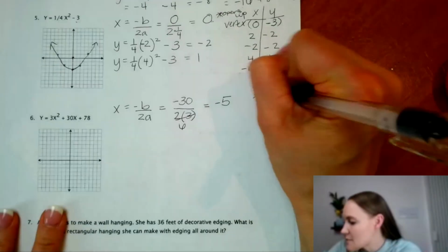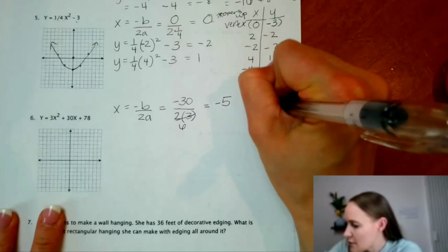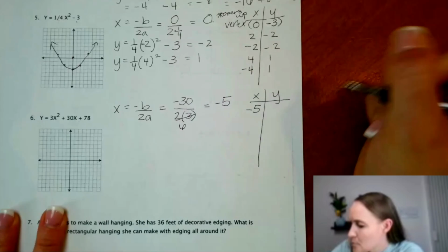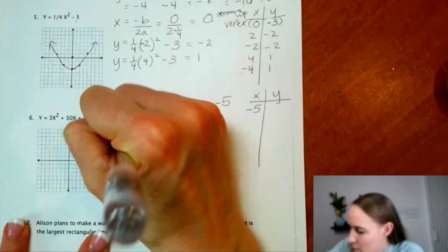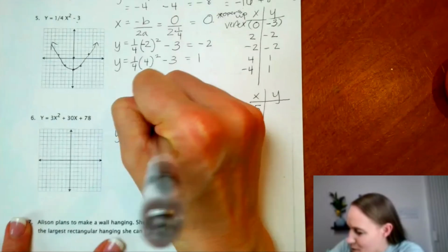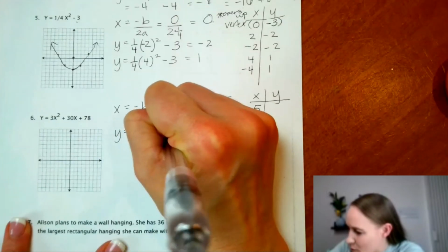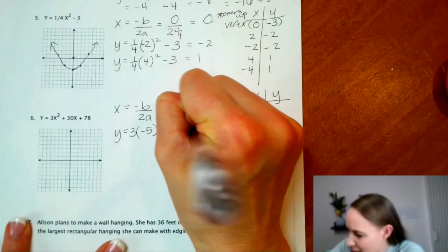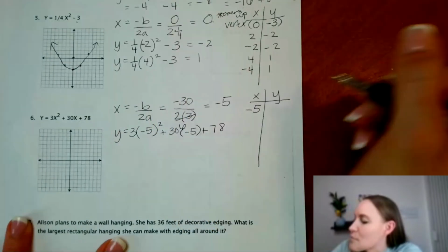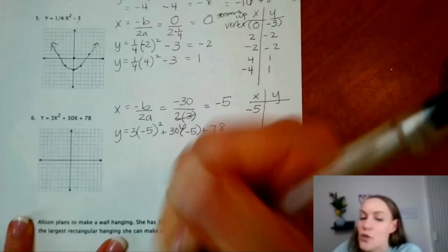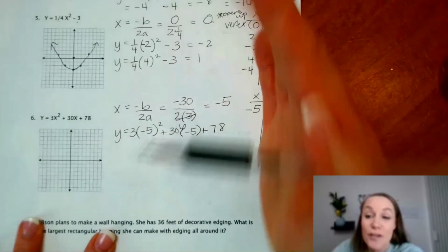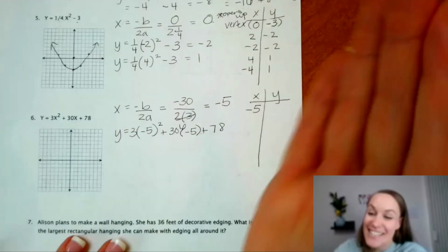So that is my x value for the vertex, and now I need to figure out my y value. Y equals 3 times negative 5 squared plus 30 times negative 5 plus 78. Negative 5 squared is 25. 25 times 3 is 75.